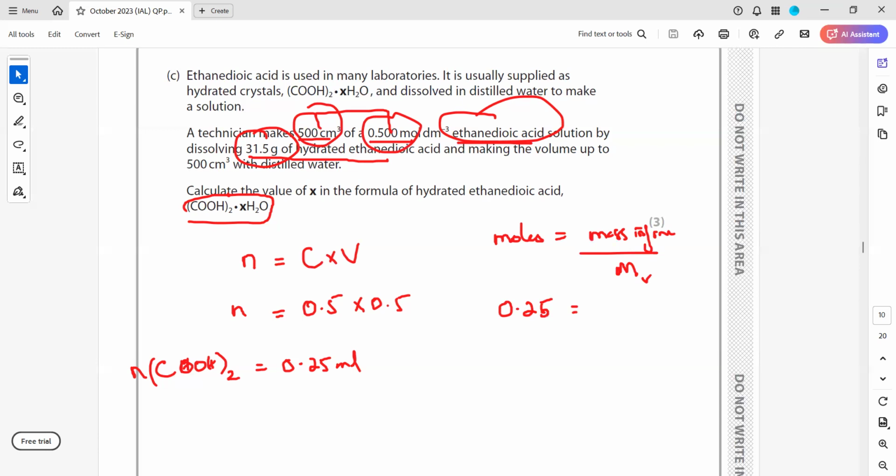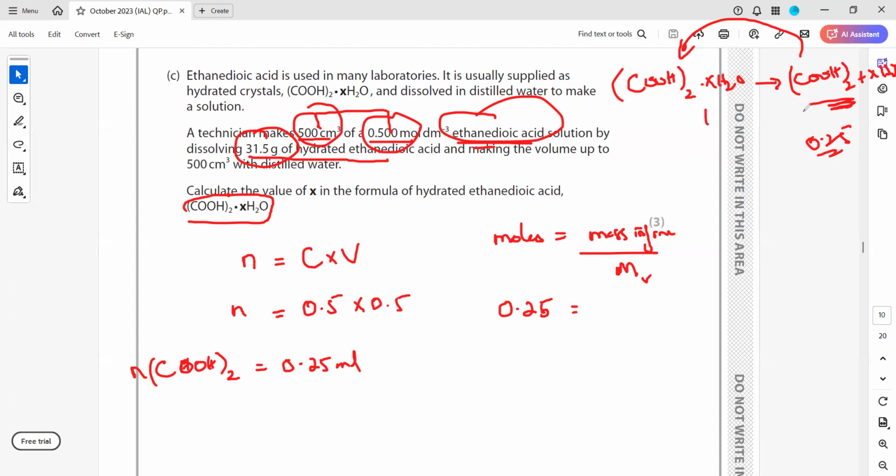How did we get the same number of moles? Because if I have ethanedioic acid, (COOH)2.XH2O, when it breaks down it gives ethanedioic acid plus X water molecules. So using the concentration and the volume, we got the moles of ethanedioic acid, which were 0.25. The ratio of hydrated to anhydrous is always 1:1.